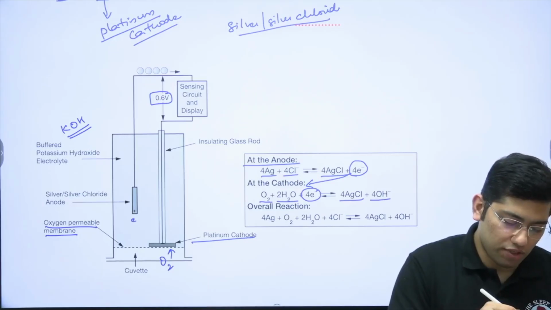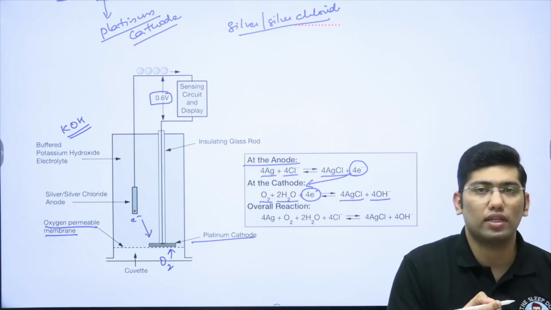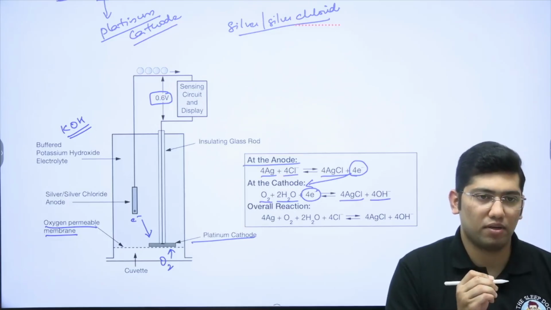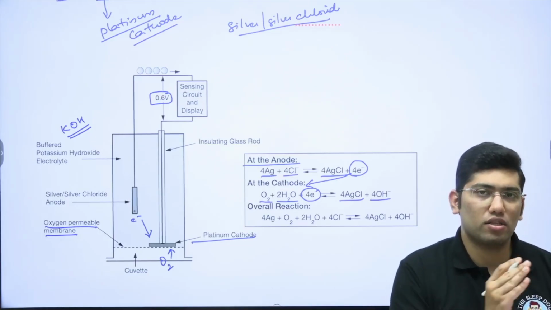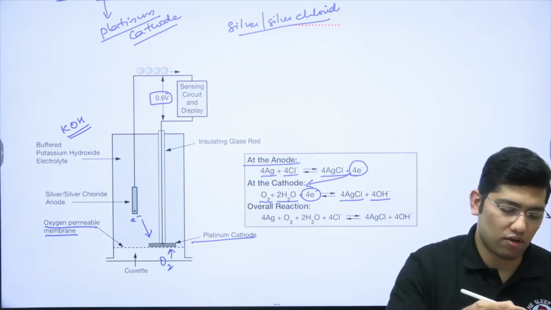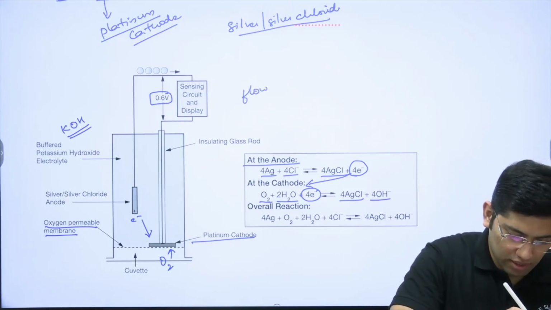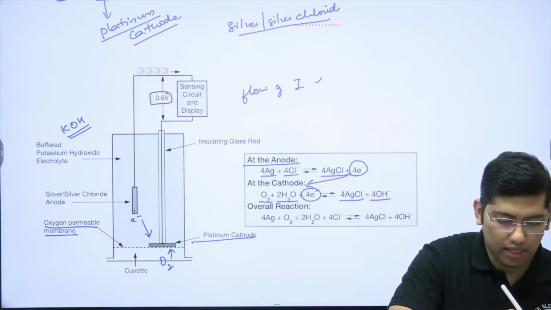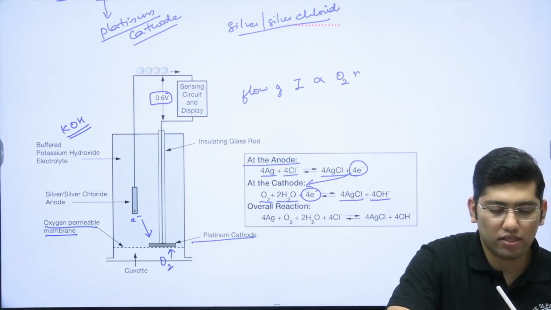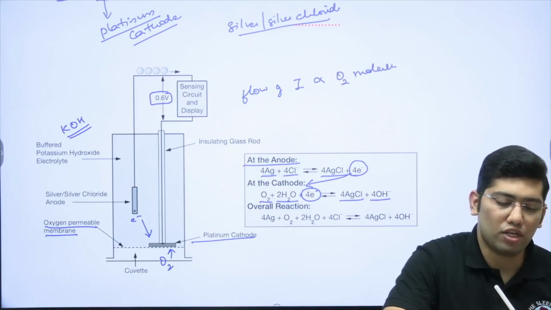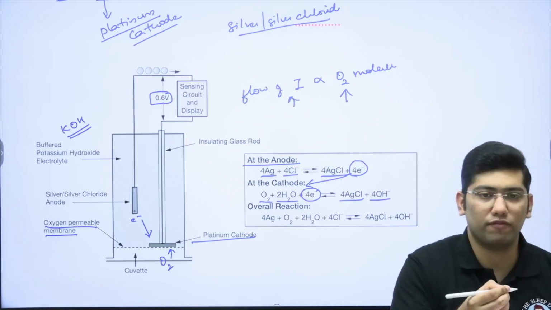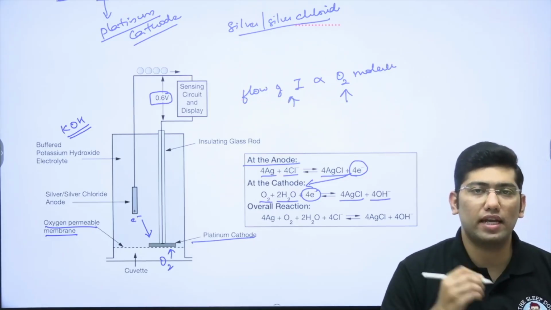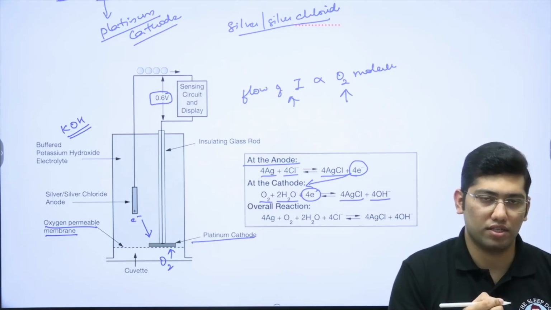So there is a shift of these electrons from anode to the cathode. This shift produces a small flow of current. The flow of current depends on oxygen molecules. The greater the number of oxygen molecules, the greater will be the flow and the subsequent reading.